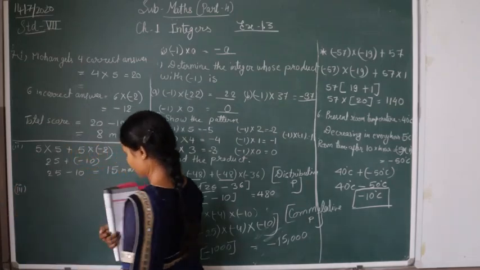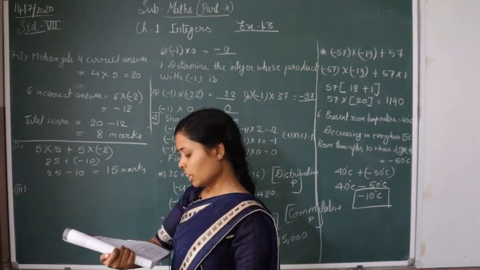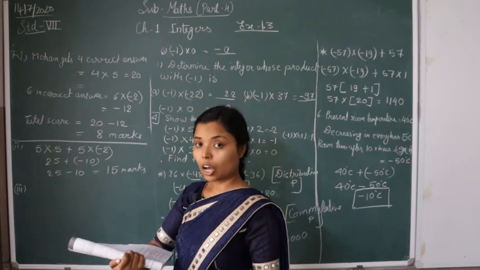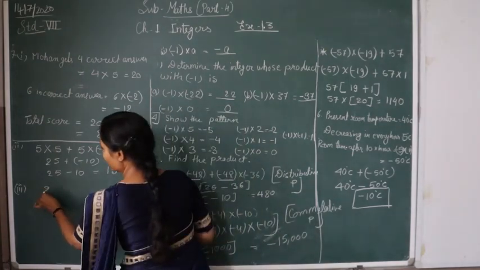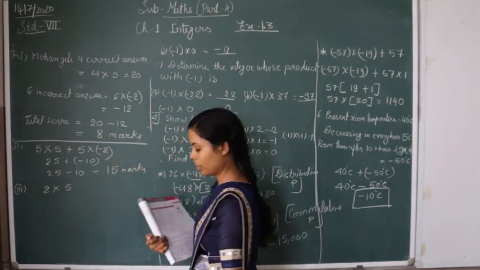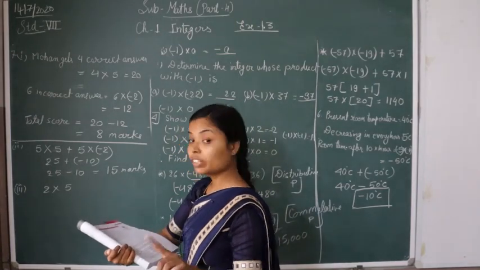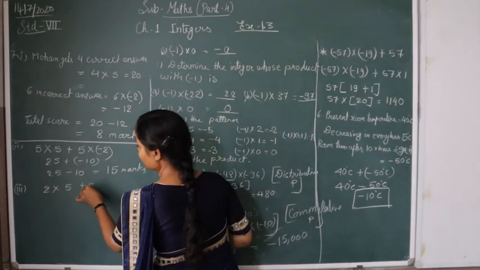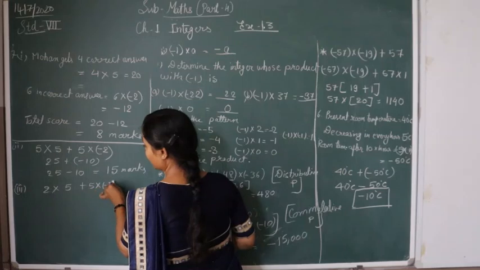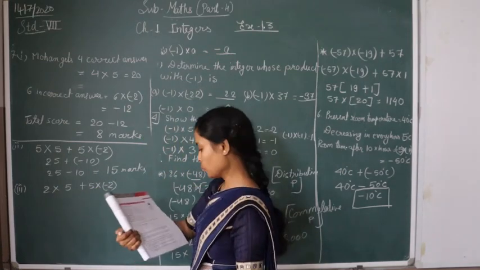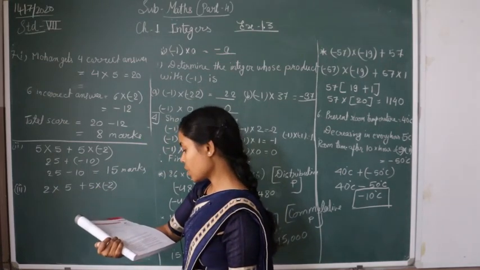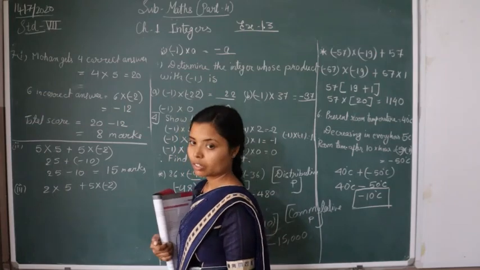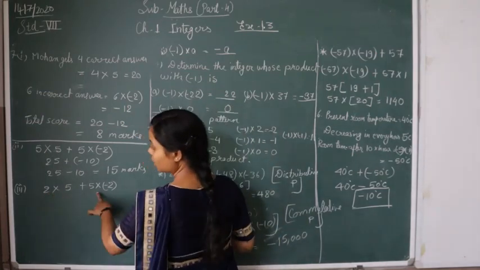in the exam. Question number 3. Hina gets 2 correct. So for a correct answer, we are awarded 5. And 5 incorrect answers. For an incorrect answer, minus 2. And out of 7 questions, she attempted all. Look here. There are 2 questions and there are 5.